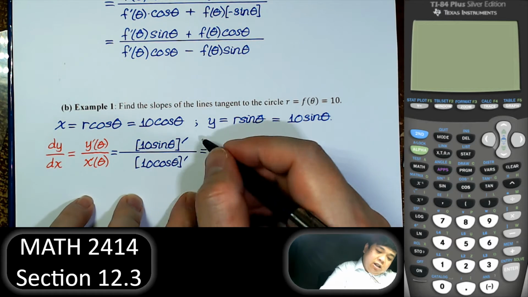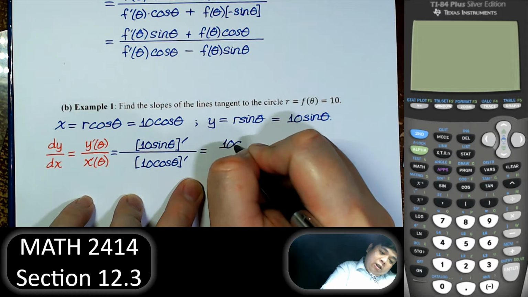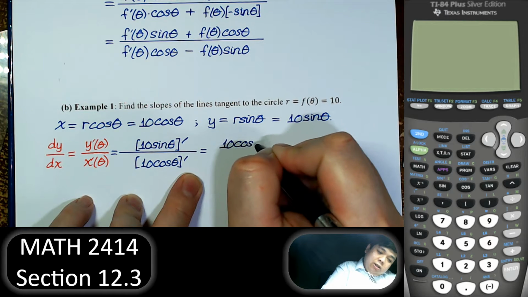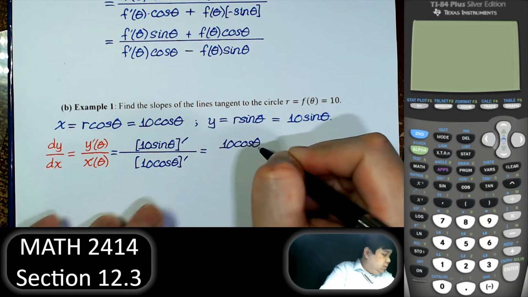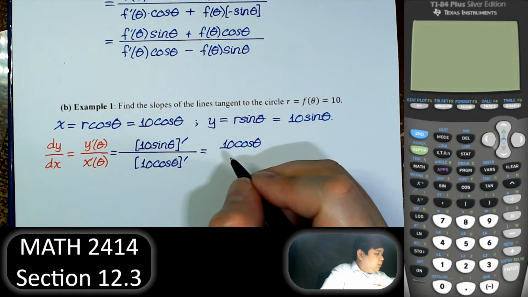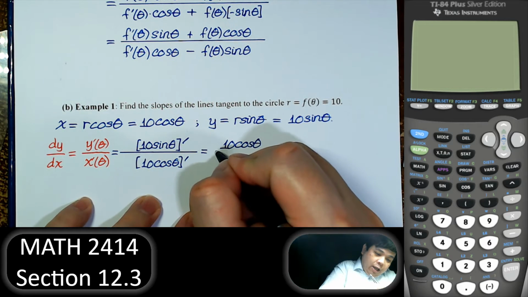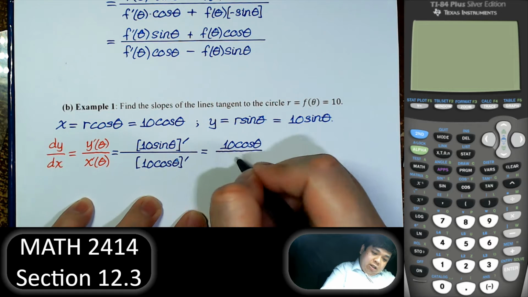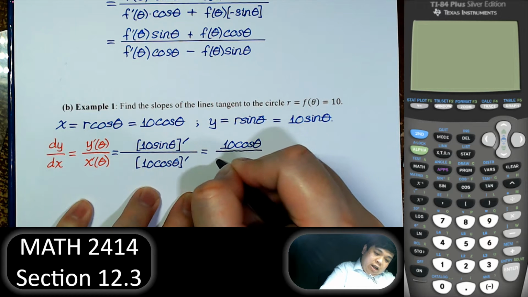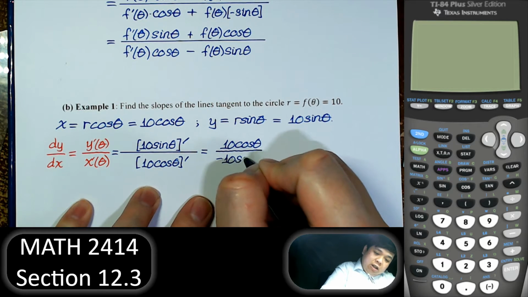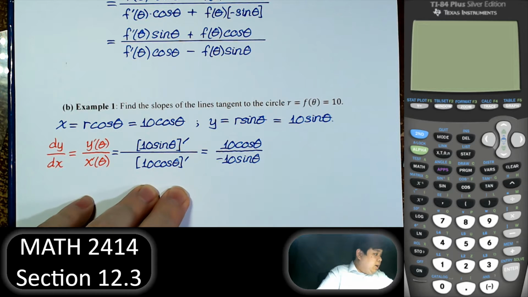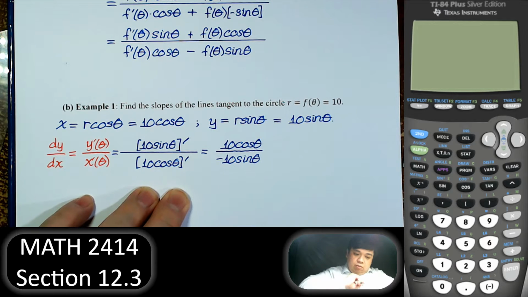The derivative of 10 sine is 10 cosine. And the derivative of 10 cosine is negative 10 sine theta. 10 and 10 cancel out.